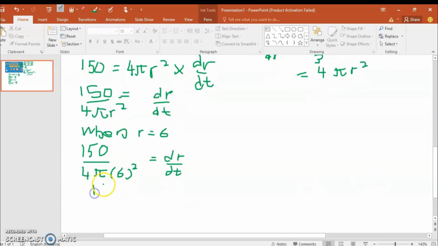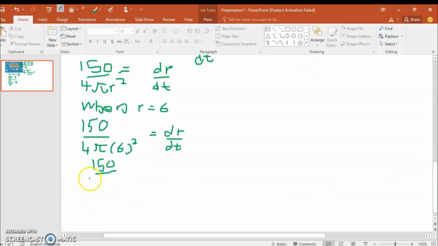And continue. 150 over 4 pi 36 equals dr/dt.